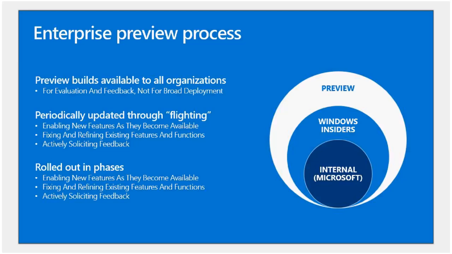It also gives them visibility into the new features before they're ever released, so that you can begin the planning process to figure out when this new feature is actually released some number of months down the road, what will we do with it? Are there features that we're interested in? Are there ones that we don't care about?